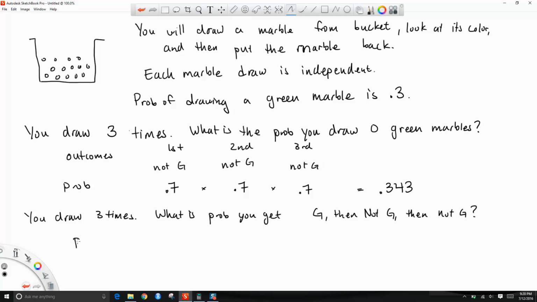So what do we do here? What sequence do I have to multiply here? I want green, not green, and not green. So I'm going to do 0.3 times 0.7 times 0.7, and I'm going to get 0.147.